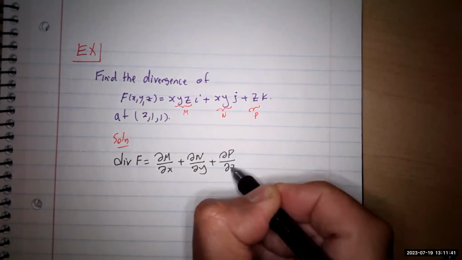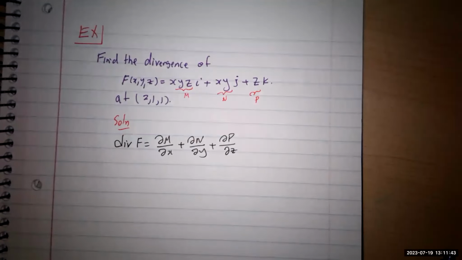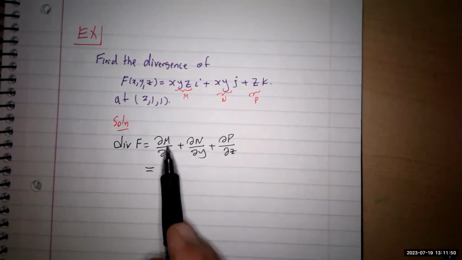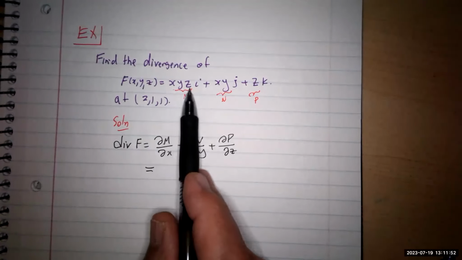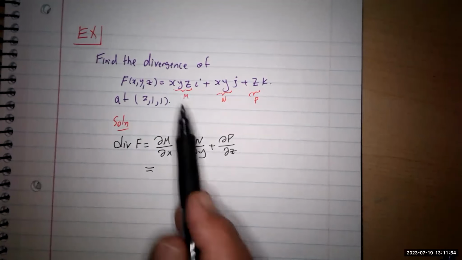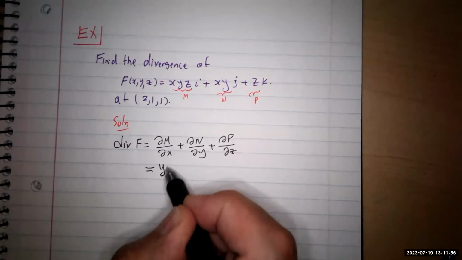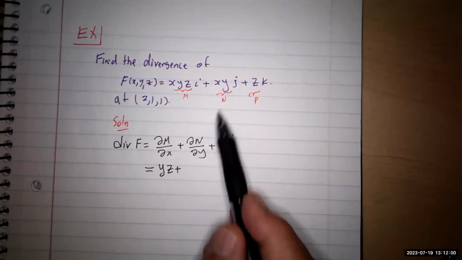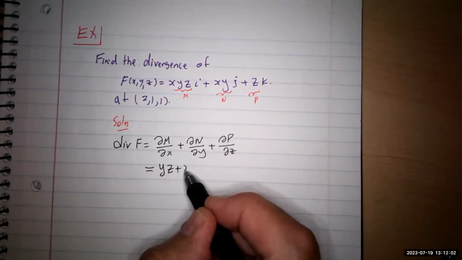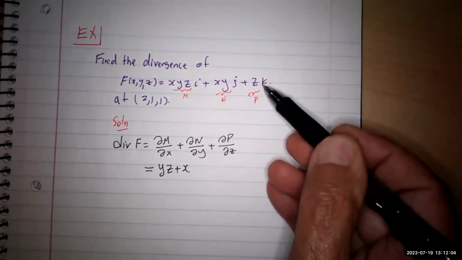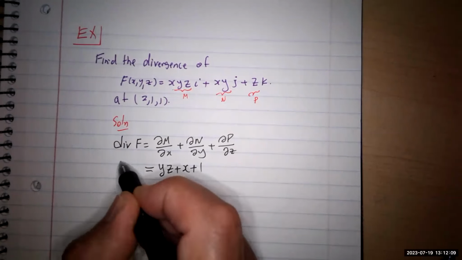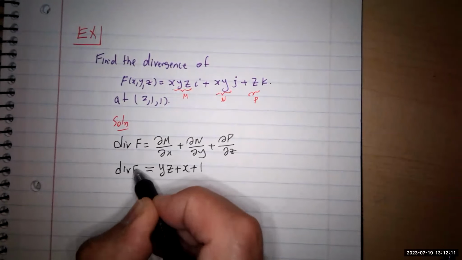That's it. Just substitute. It equals the derivative of M with respect to x, plus the derivative of N with respect to y, plus the derivative of P with respect to z, which is 1. That's it. So this is the divergence function.